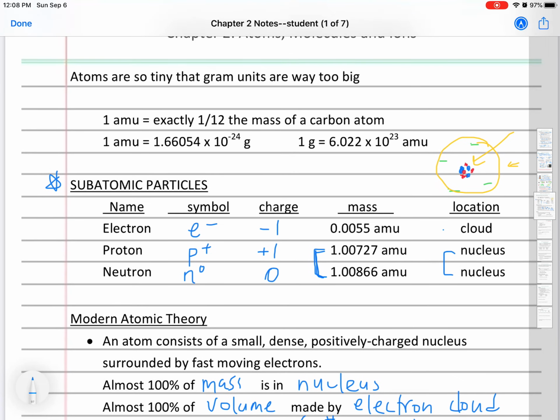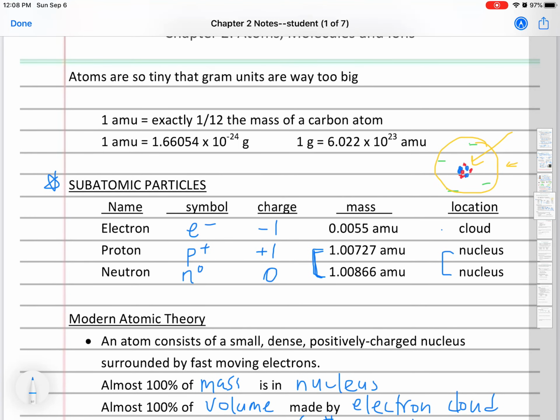So the part I skipped over up here is about the weight units or mass units that we use to measure atoms and their subatomic particles. Grams are just too big. And so we created a new unit called the atomic mass unit, or AMU.